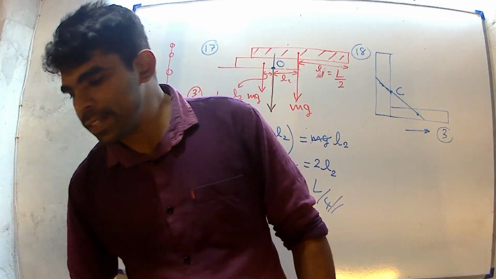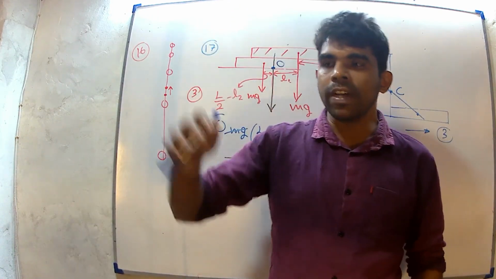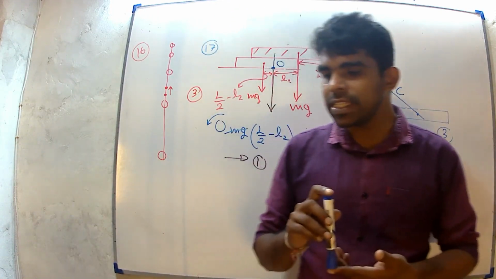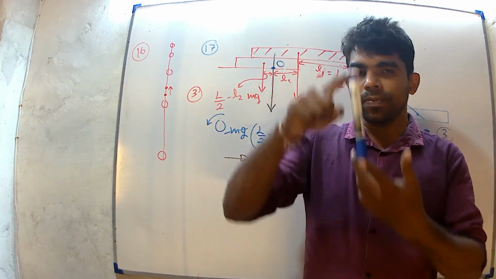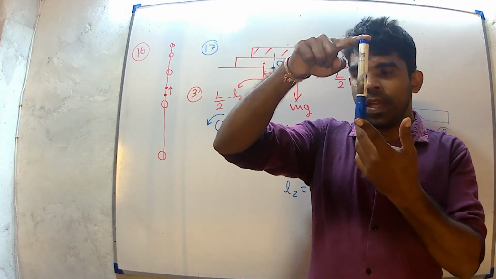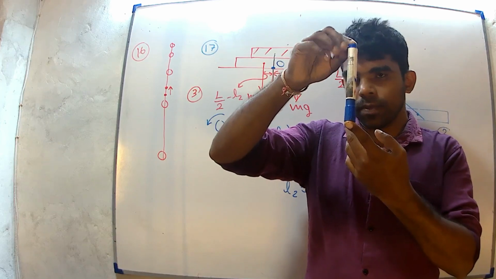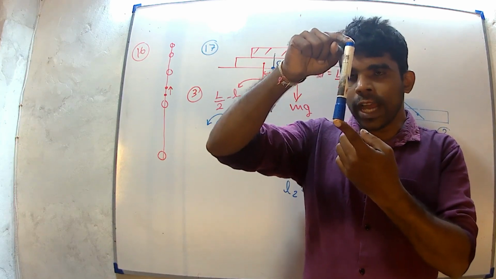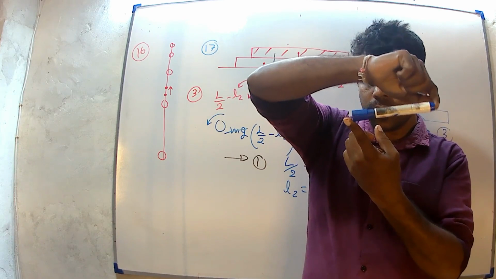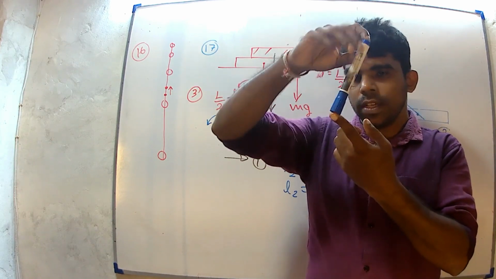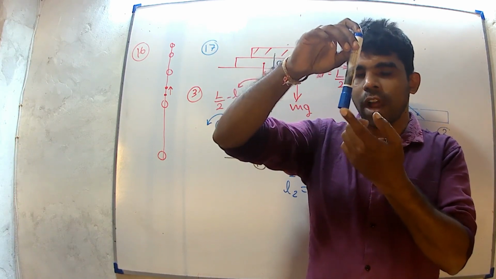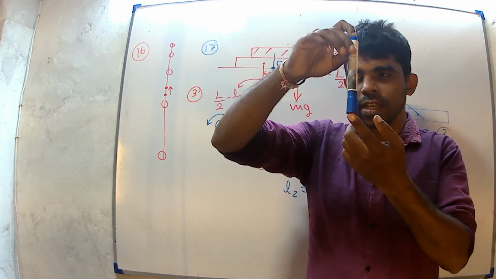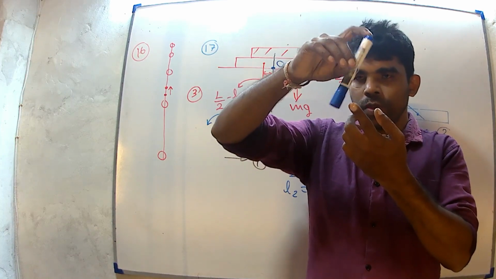We know that if the given plane is rough, the pencil should fall like this. But if this point is not rough, it means frictionless, it should move like this.